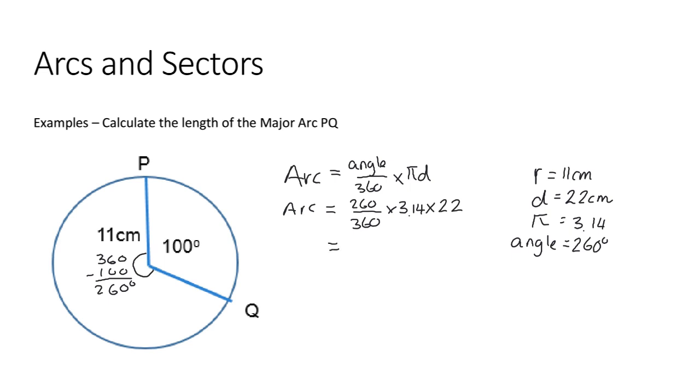When I put that into the calculator, I get 49.89111111. So I'm going to round that to 2 decimal places. So it's going to be 49.89 centimetres. And that is us calculated the major arc PQ.